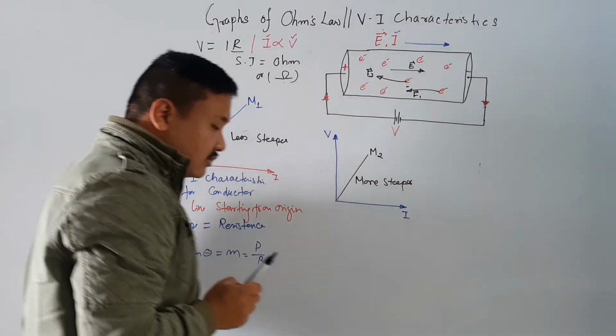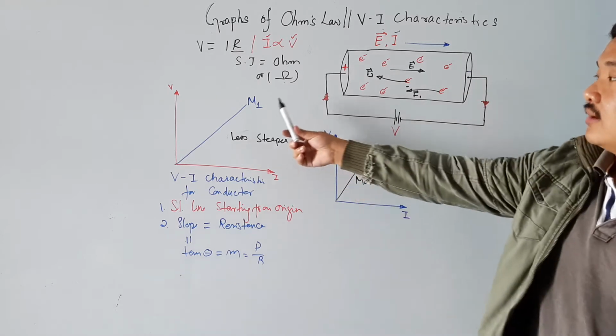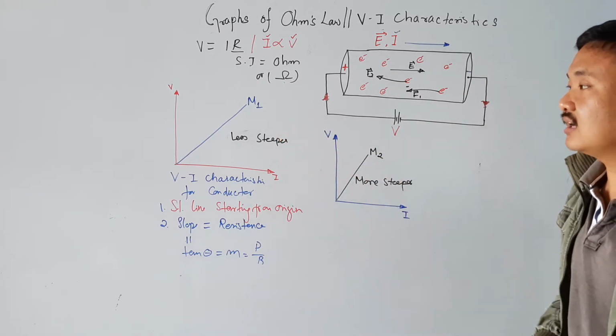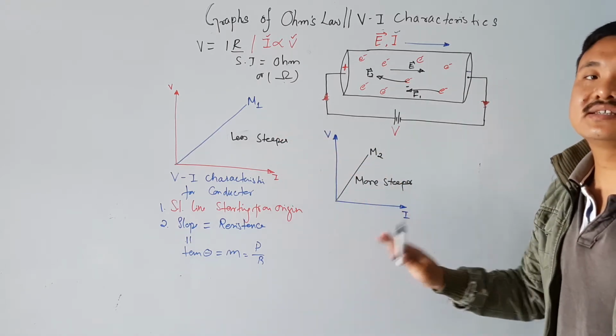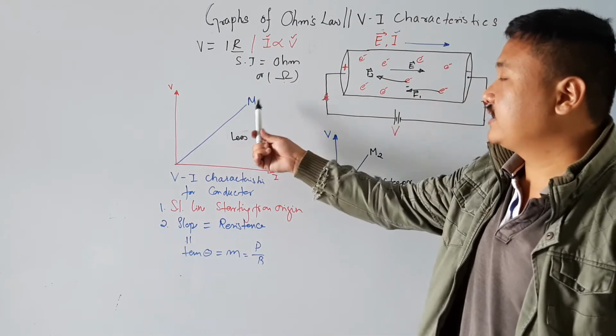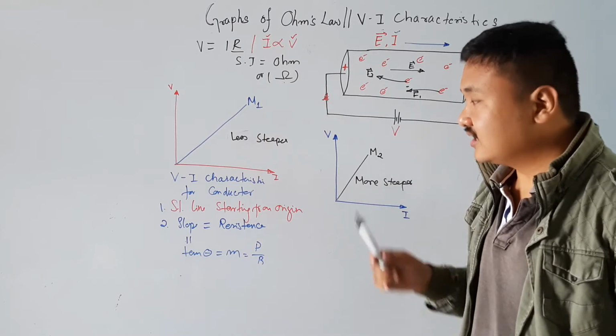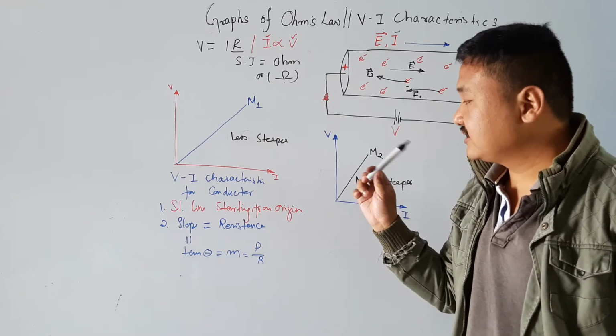So whenever you are given two graphs like that with M1 and M2, and you are asked which metal has more resistance, metal 1 or metal 2, then you have to see which graph is steeper.